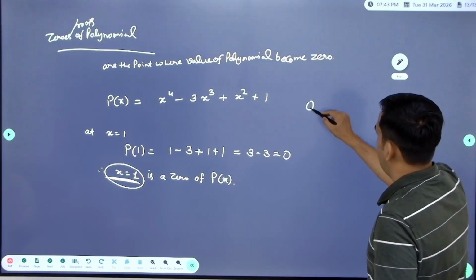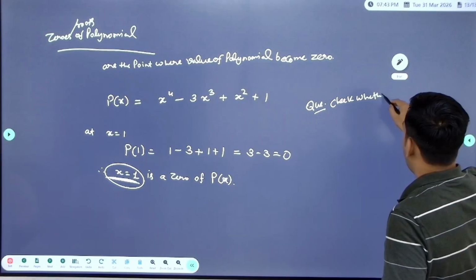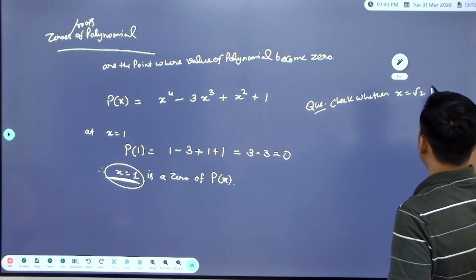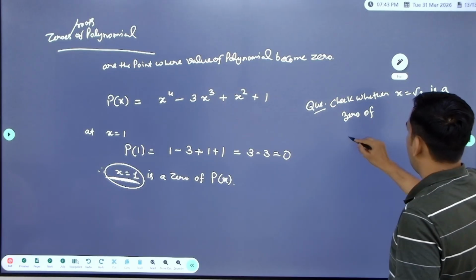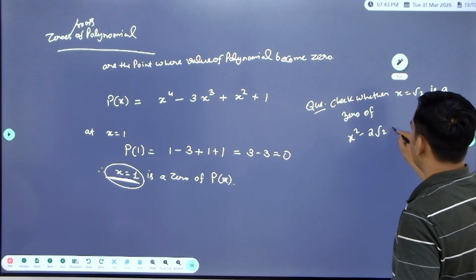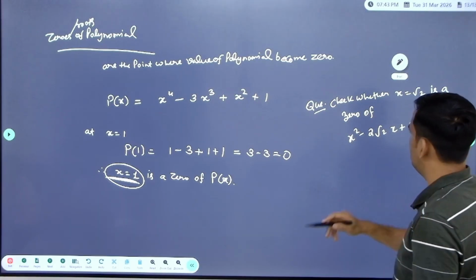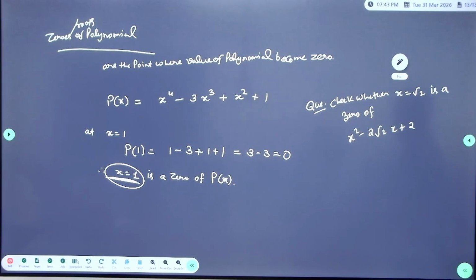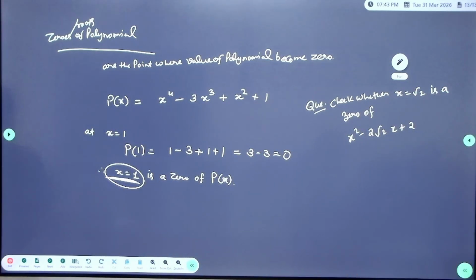So now the next: check whether x equal to root 2 is a zero of x square minus 2 root 2x plus 4 plus 2 is equal to 0. How do we check?